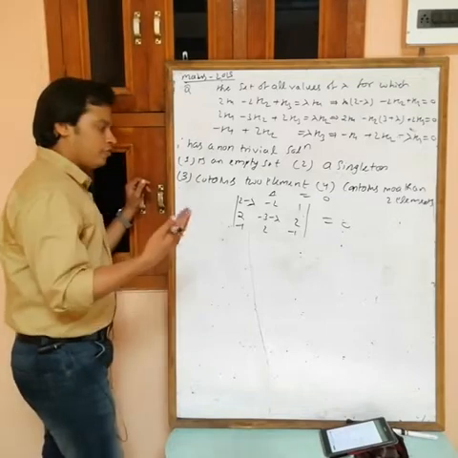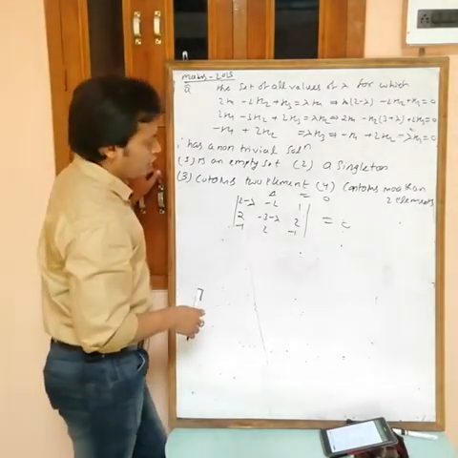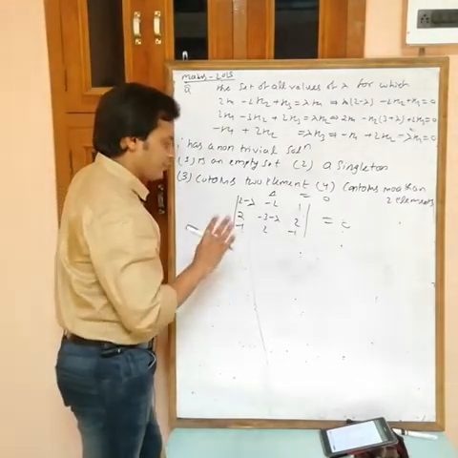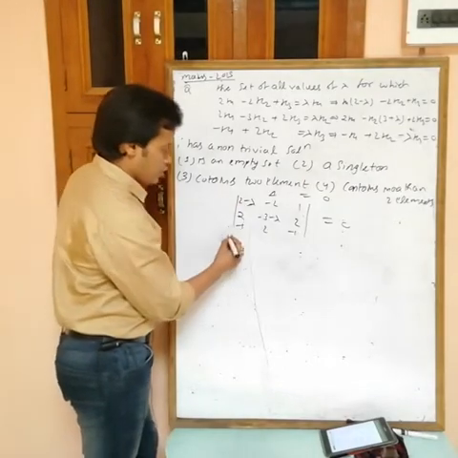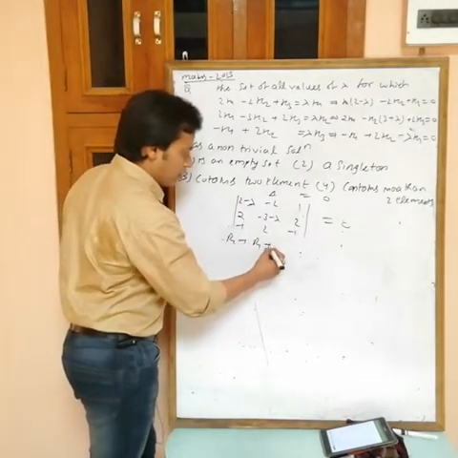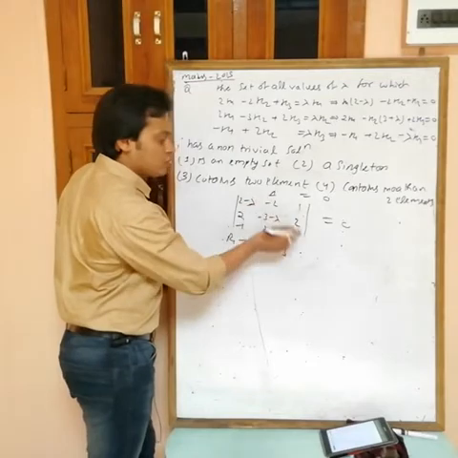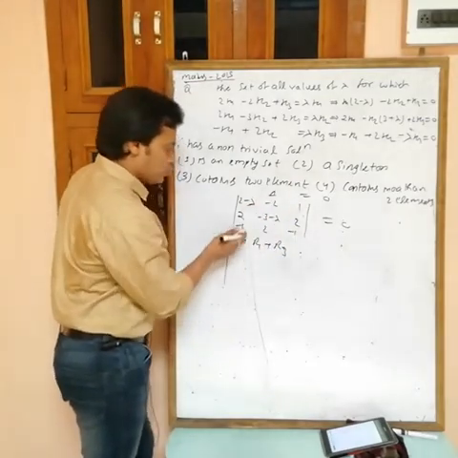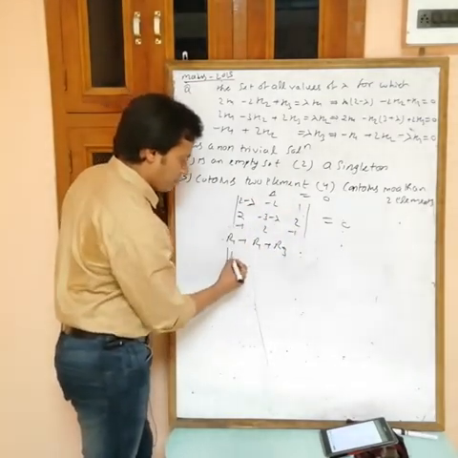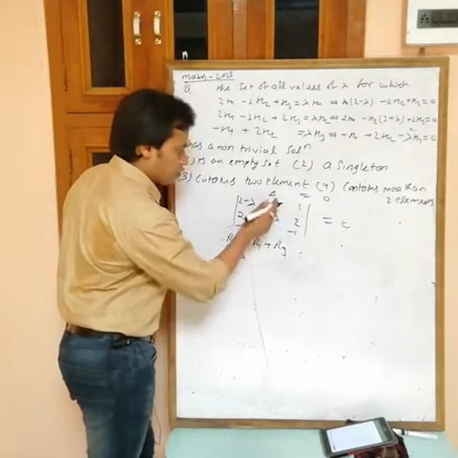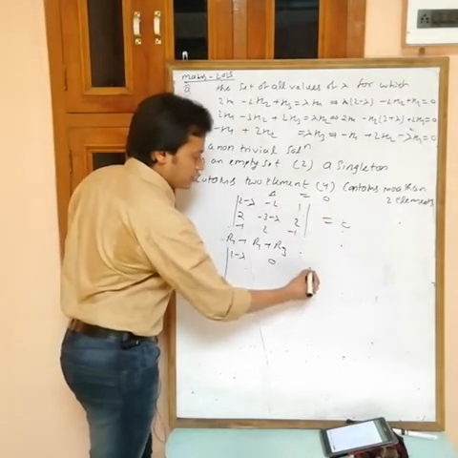Okay, now expand. Can I make zeros? R1 goes to R1 plus R3, then this becomes 0 and this becomes 0. If you add, what you will get? 1 minus lambda. This one plus this one, 0. This one plus this one, 0.